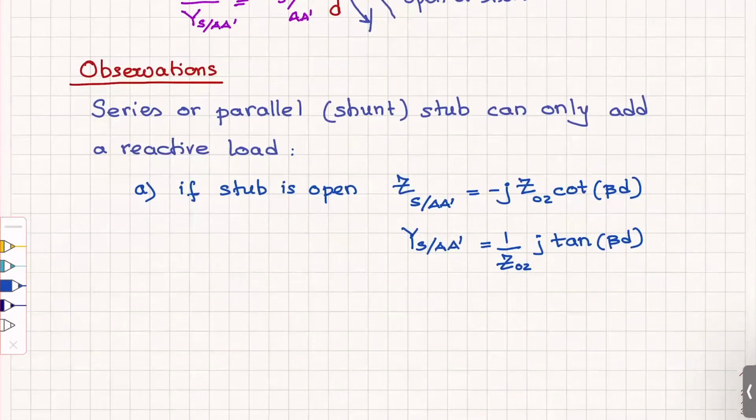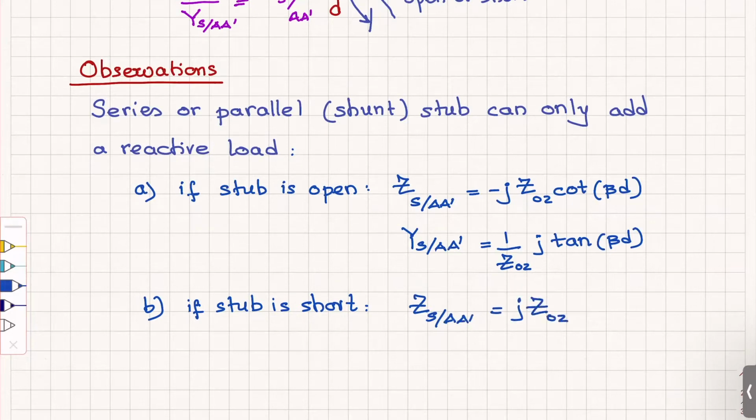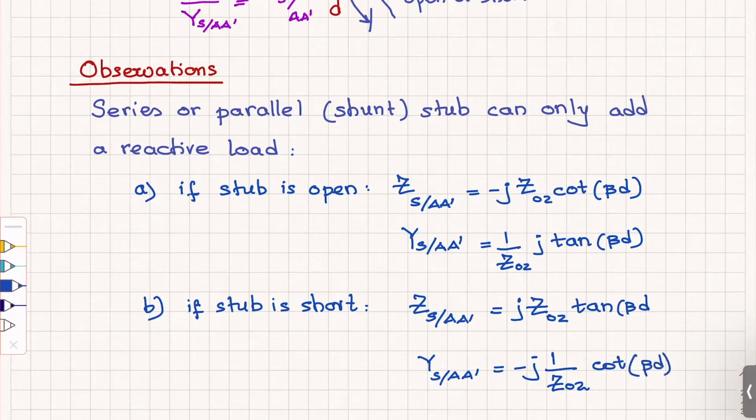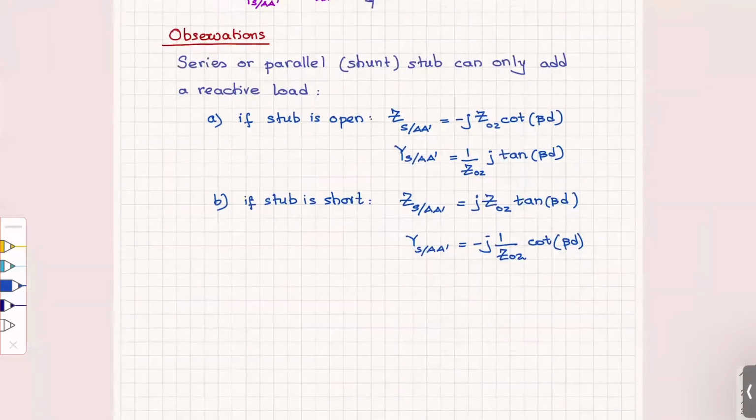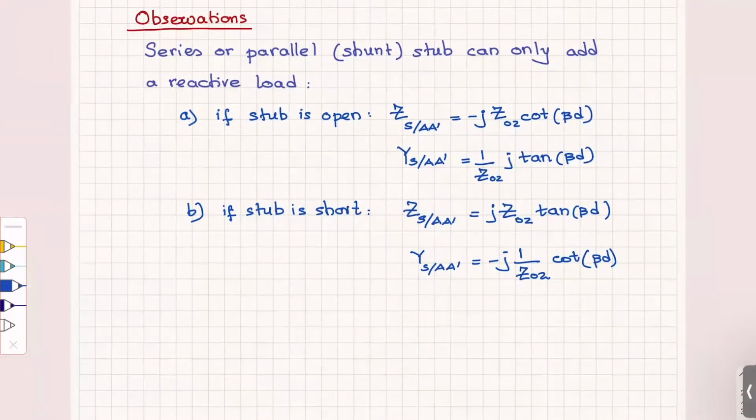All right, so if the stub is short at the end, then Z sub S at A prime will be equal to j Z02 tangent of beta D, or YS at A prime will be minus j 1 over Z02 cotangent of beta D. In both cases, what we find out is that the load of the stub is always reactive, is always imaginary.